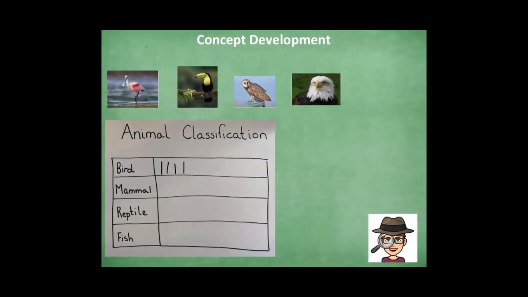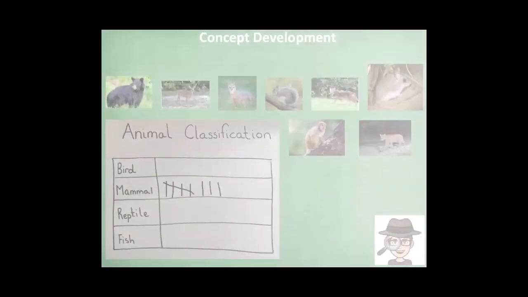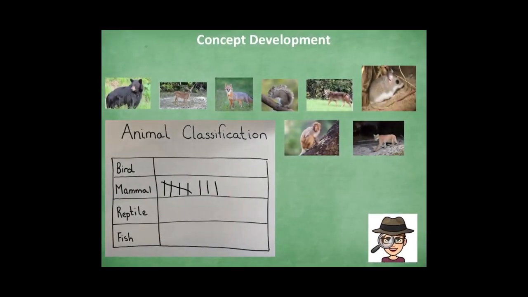Well, I was looking at the birds in our zoo and I found 4 different types. So I've tallied 4 birds on our chart. Mammals. Boy, was there a lot of mammals in our zoo picture.